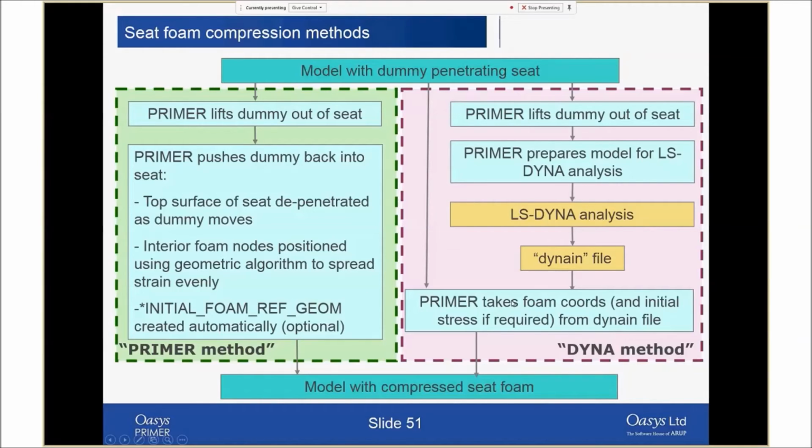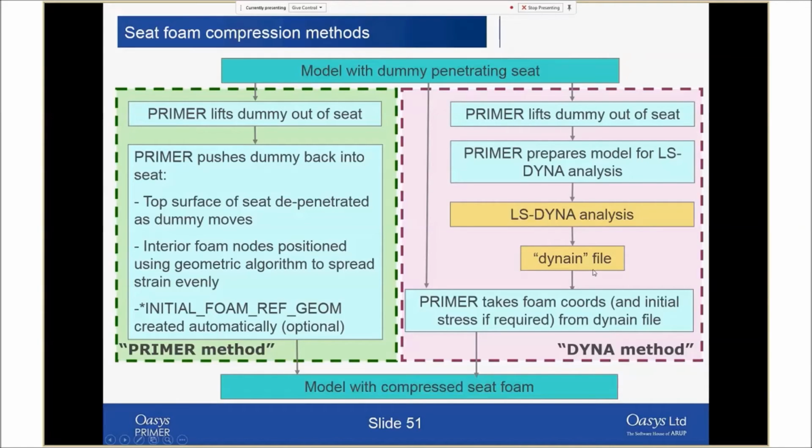The Dyna method: Primer lifts the dummy out of the seat, and then Primer prepares a model for LS-DYNA analysis. What it does there is rigidify the dummy, and it will create a boundary prescribed motion that will move it back down to its starting point. You then run that model in LS-DYNA, and it will also automatically create a STAGED interface springback card. What that does is create a Dyna in file at the end of the analysis.